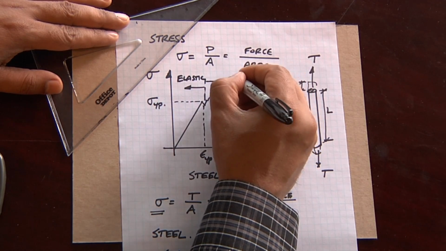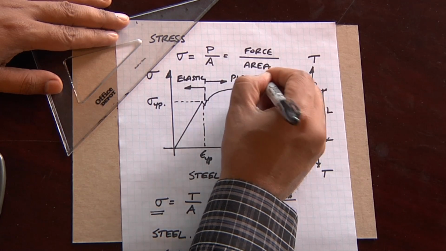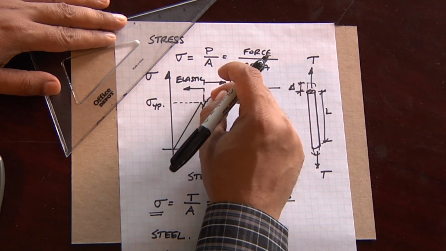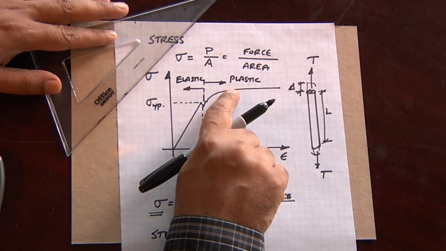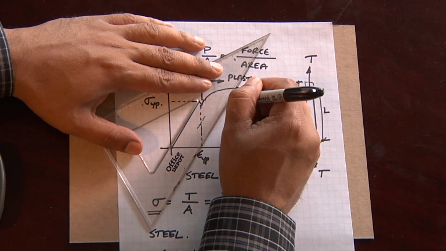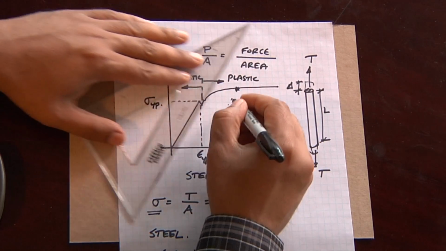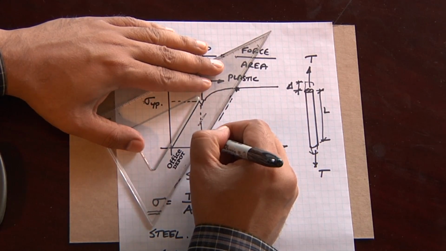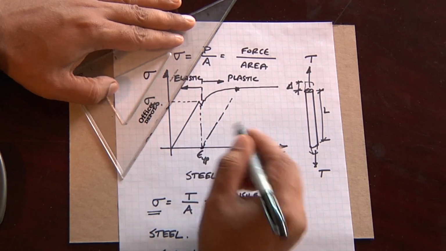Everything to the right of the yield point is called the plastic zone. The reason is that if I stress that bar past the yield point, it will never return to its original condition. If I were to stress it up to this point and release the load, it will deflect back to what we call a permanent offset. It'll be permanently deformed.